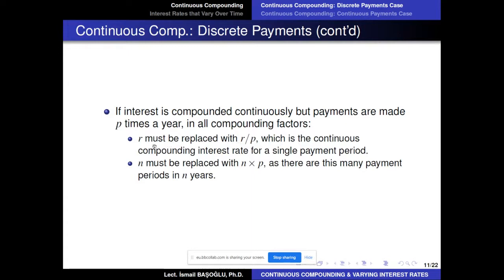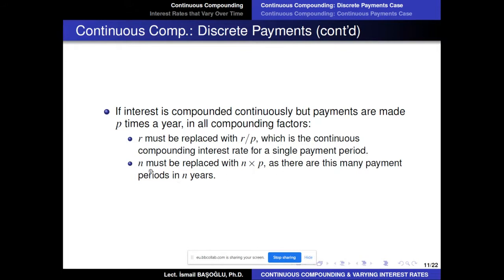So basically, by dividing the nominal interest rate by the number of payment periods in a year, we calculate the compounding rate for that payment period. It is called the continuous compounding interest rate for a single payment period.